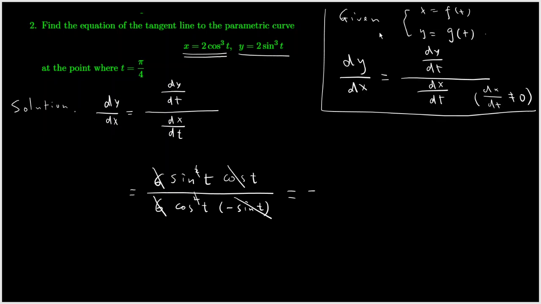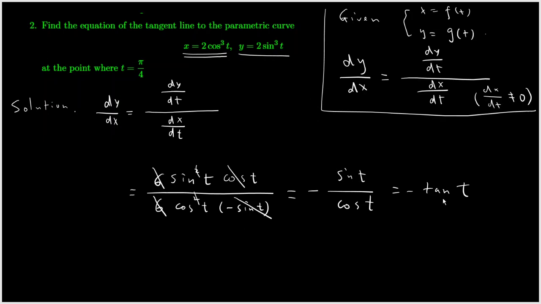There remains only negative, with sine of t remaining on the numerator and cos of t remaining on the denominator. So do you have negative tan of t? Actually, you do not have to convert to tan of t.